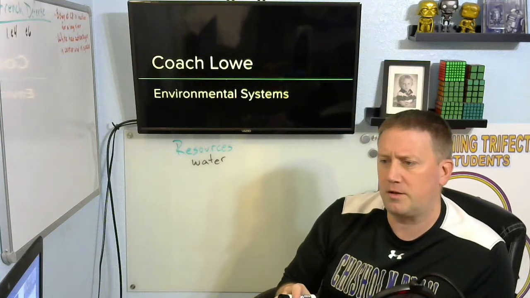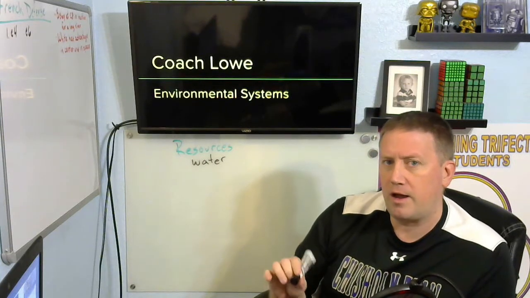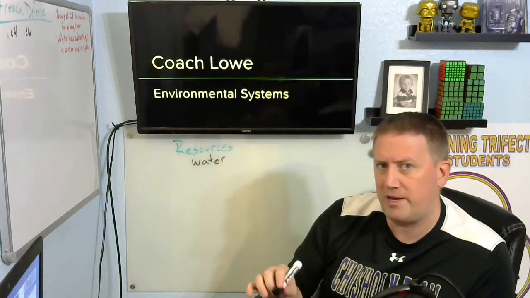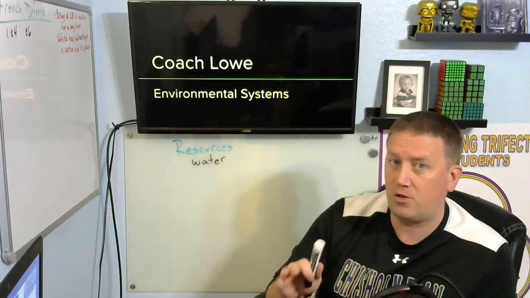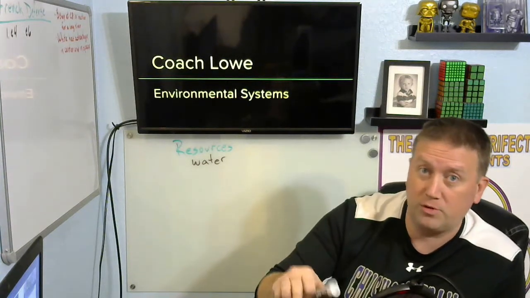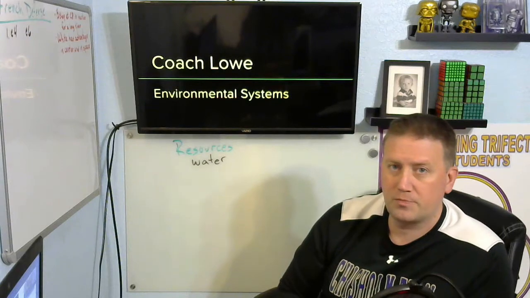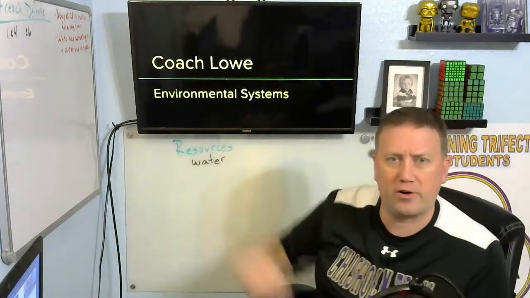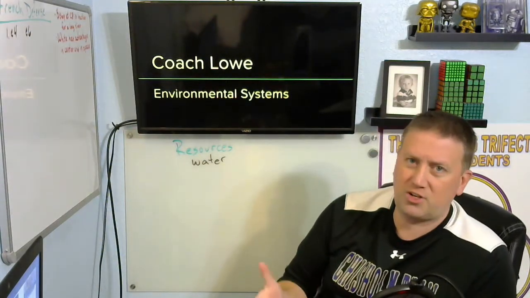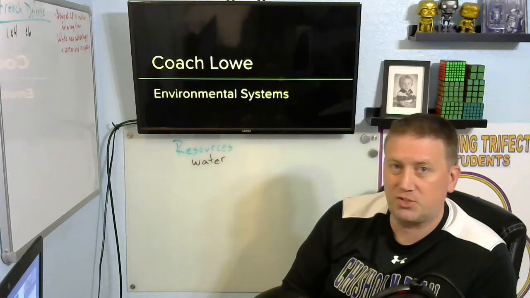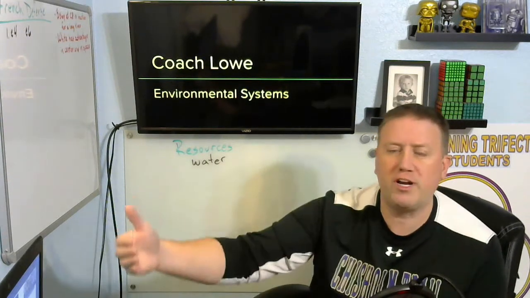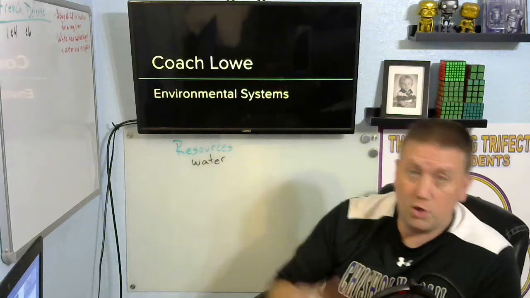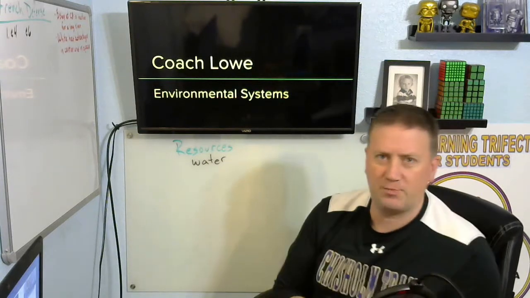But as I was saying, what we'll talk about later is that not all of that water is available for us to use. We can't drink the water in the ocean. It's too salty. The salinity is too high. We can't drink a glacier. You can't drink the water from somebody's body.